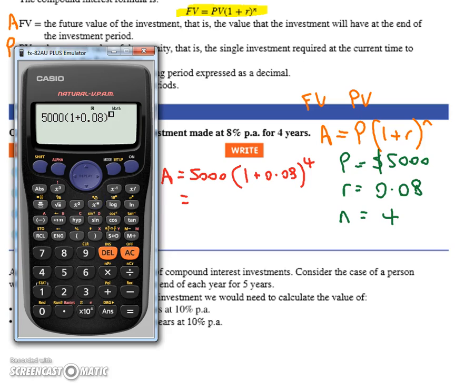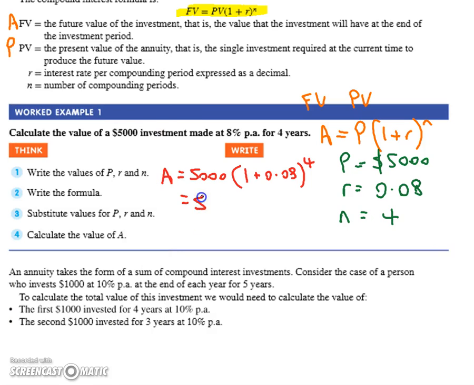Notice how that applies the power to everything in the brackets. And so the value at the end is $6,802.44. So there you go, that's the value of our amount. Easy.